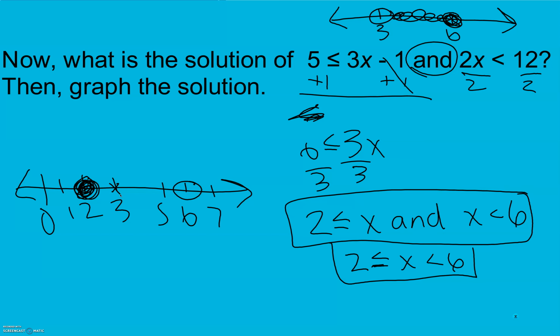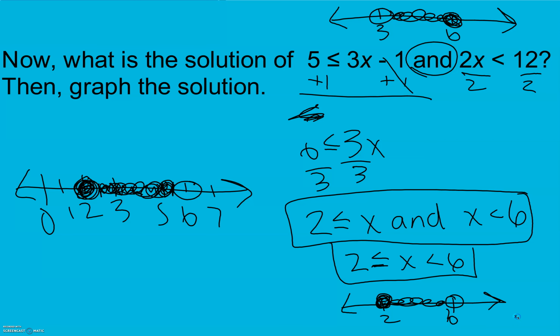And x is less than 6, so 5 is less than 6. We're going to go to the right here, to the left here, and where they overlap is our solution. Or again, we could say that x is in between 2 and 6. So it's in between there.